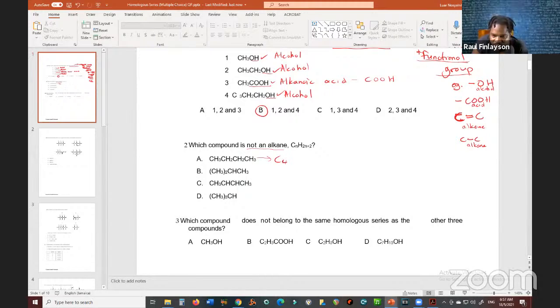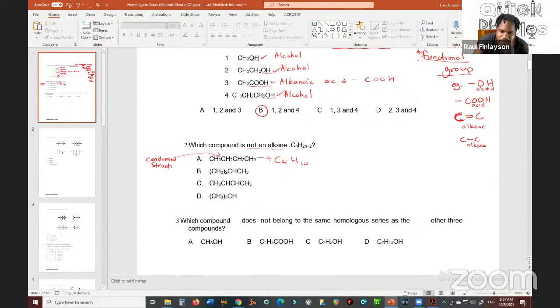So the formula for that would be C4, and let's add up the H's. 3 plus 2 is 5, 3 plus 2 is 5, so that's 10. You notice that it looks different, but it's really C4H10. This is what we call the condensed structural formula.